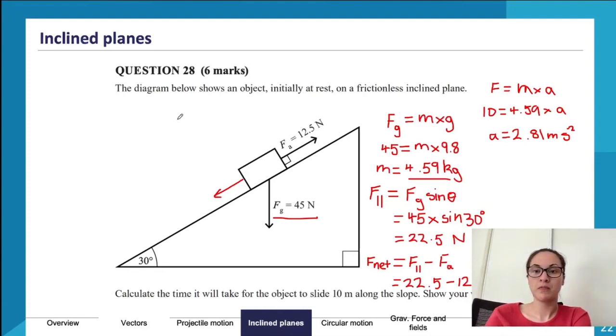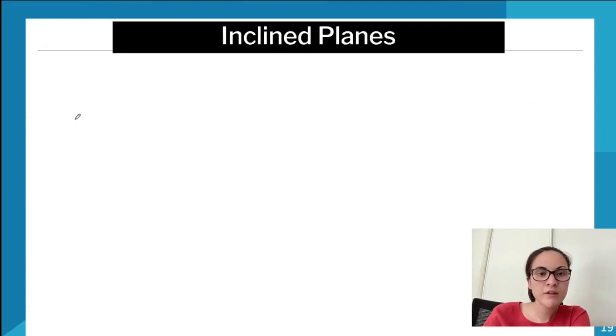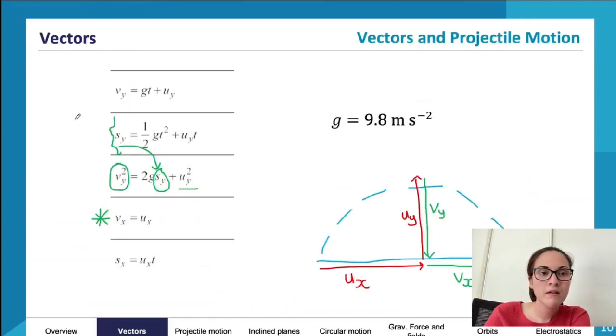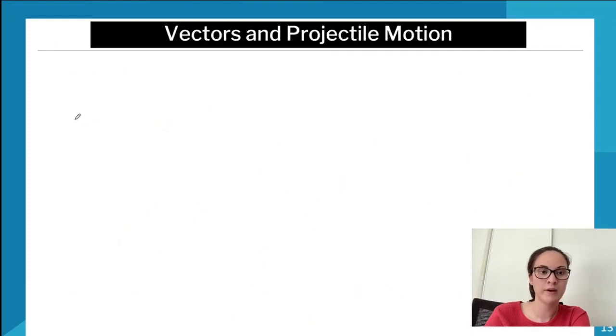So now we're going to use a formula, SY, sorry, I just realized I forgot one little letter. So we're going to use this one. SY is equal to half GT squared.